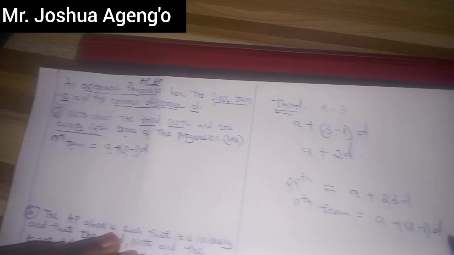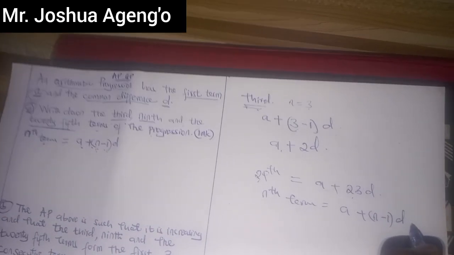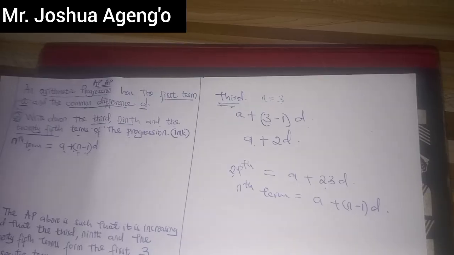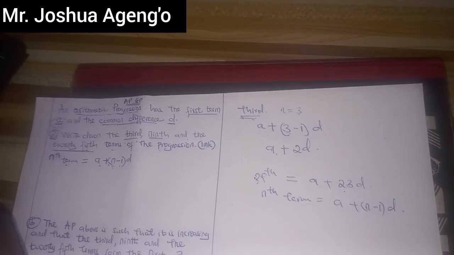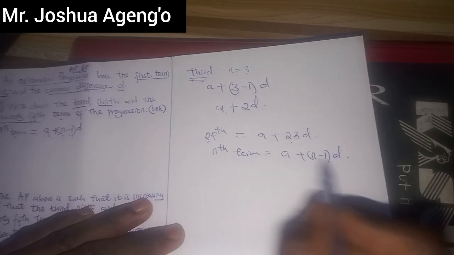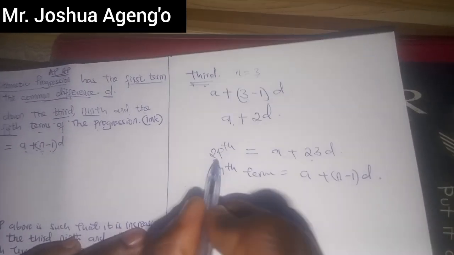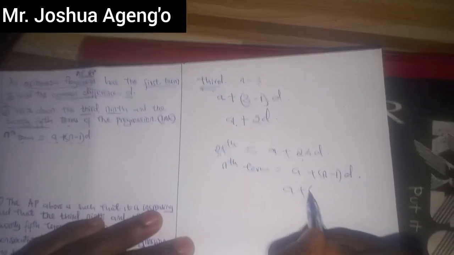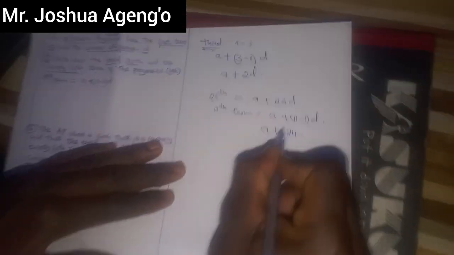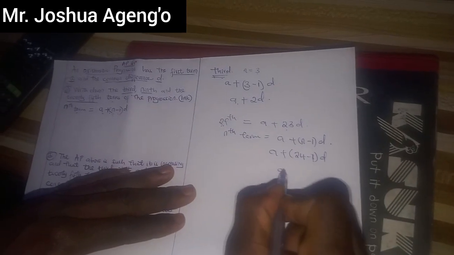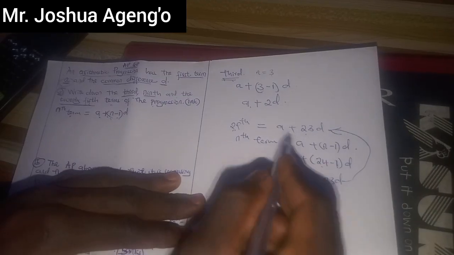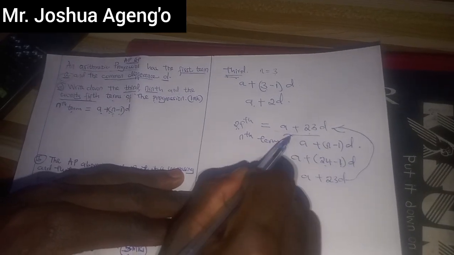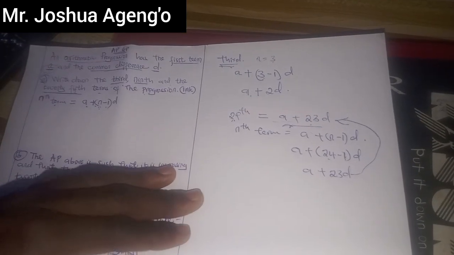Please, you must show this, or else you will lose the mark for the method. And remember that here there is no methodology, so they only mark the answer with the correct method. So n here will be 24. So I'll have A plus 24 minus 1 d, so A plus 23d. You are seeing that it will give me this. So even if you know this, please, precious people, you must follow the procedure.